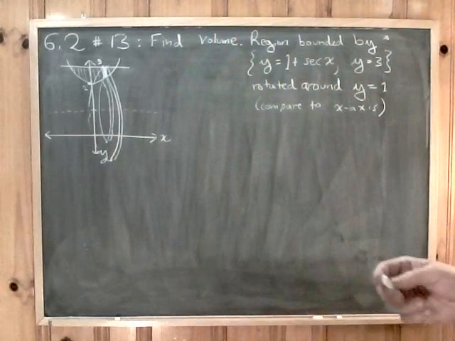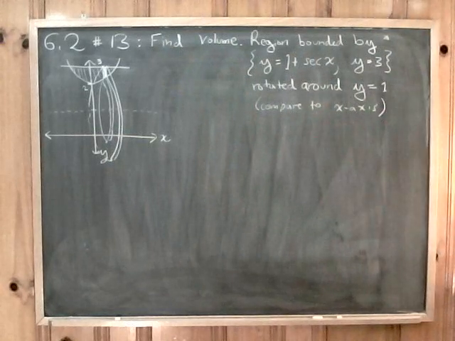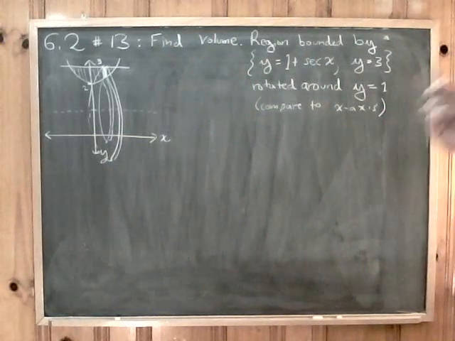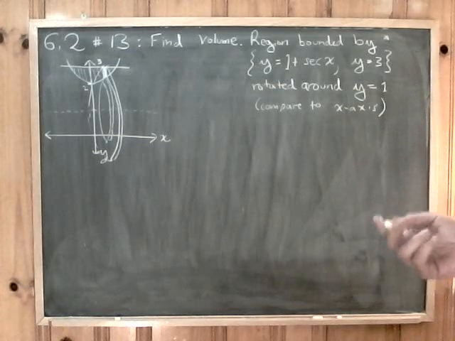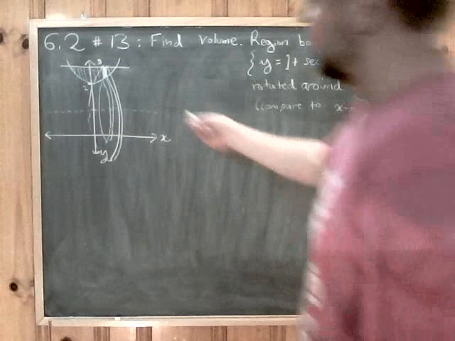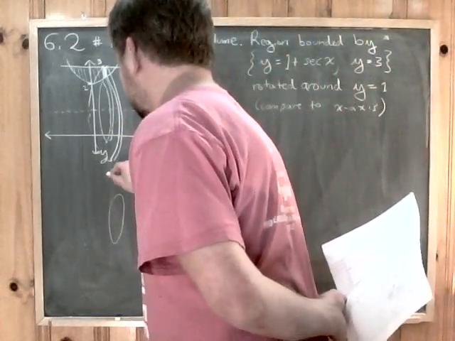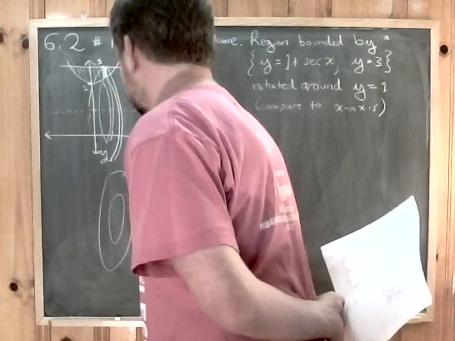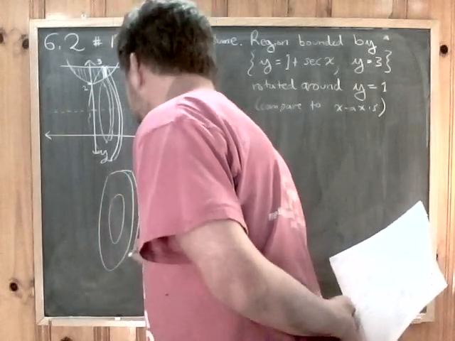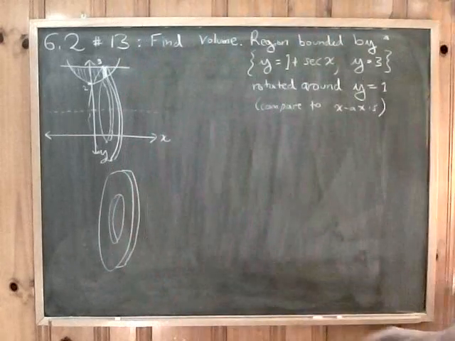It makes a washer because it's a type 1 and it's rotating around a horizontal line. It's usually rotating around the x-axis, but that's a horizontal line. This one's rotating around a different horizontal line. Let me pull that washer out of the picture there. Try and draw it a little better. So there's the whole washer, and draw a little 3D.